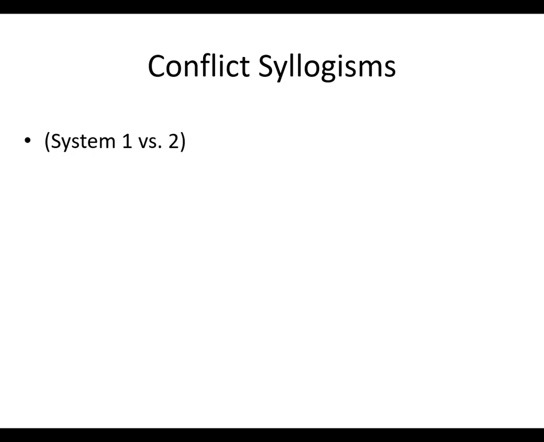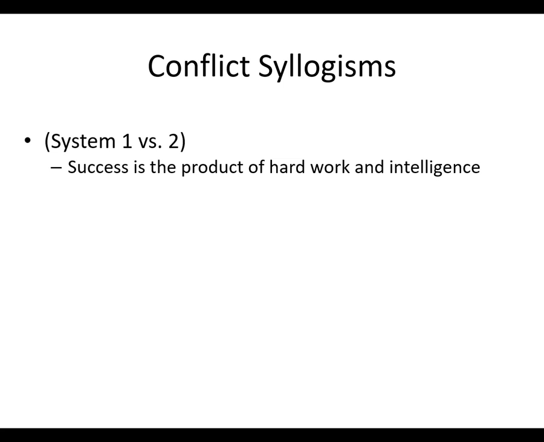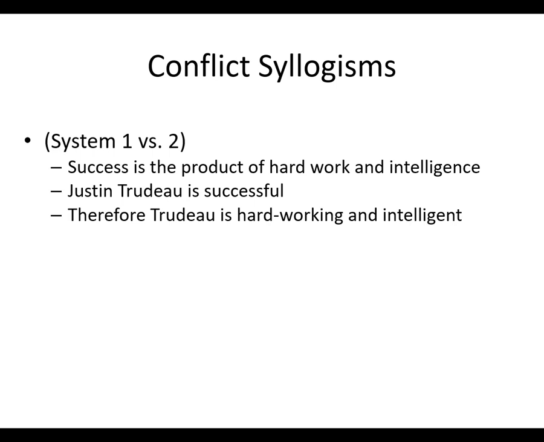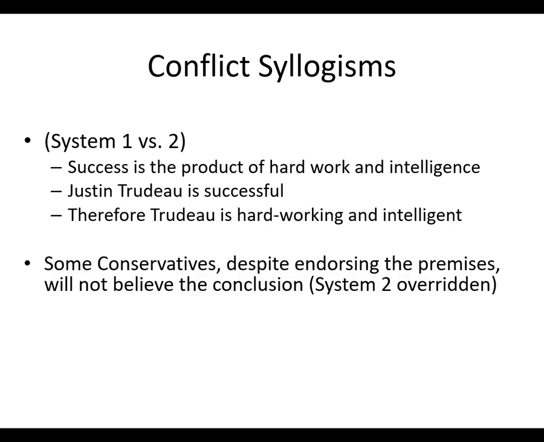An example for clarity: success is the product of hard work and intelligence. Justin Trudeau is successful. Therefore, Trudeau is hardworking and intelligent. Now, some conservatives might, despite endorsing the premises, because the first one sounds good, the second one sounds good, refuse to believe the conclusion, in which case you have an override of System 2.